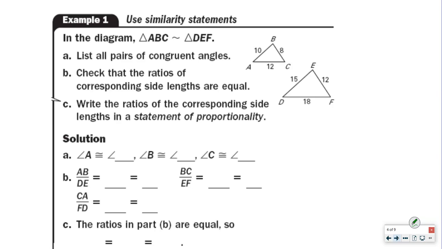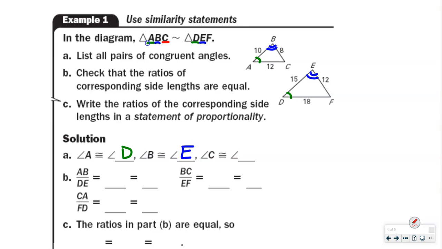So let's first look at the angles. We want to match up all of our angles. If we look at angle A, and we notice our similarity statement, angle A matches up with angle D. I can see that B matches up with E, so I know B and E are congruent with one another.